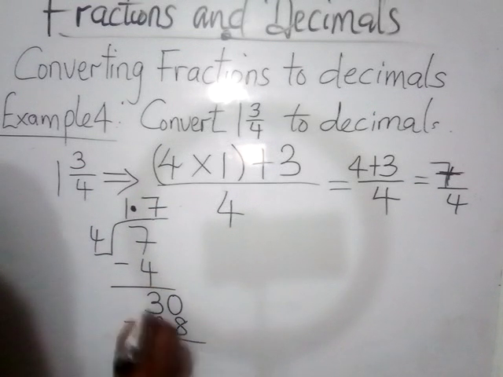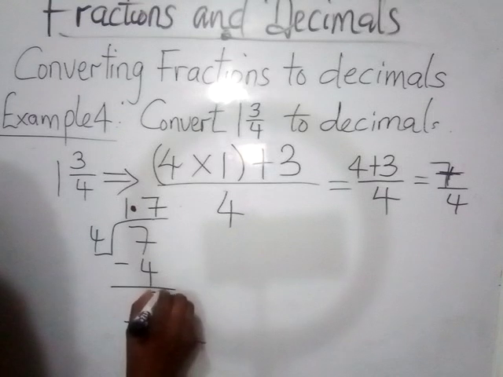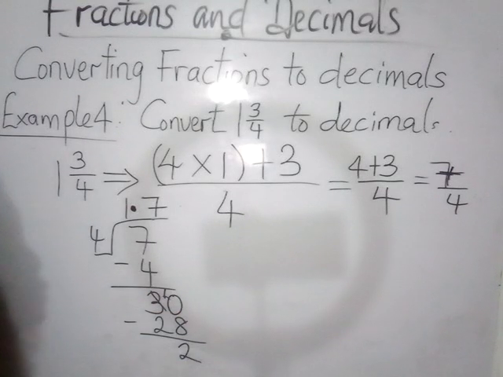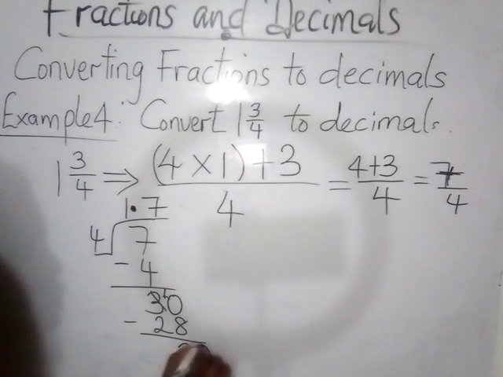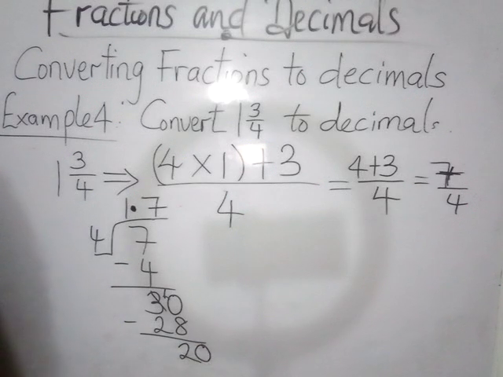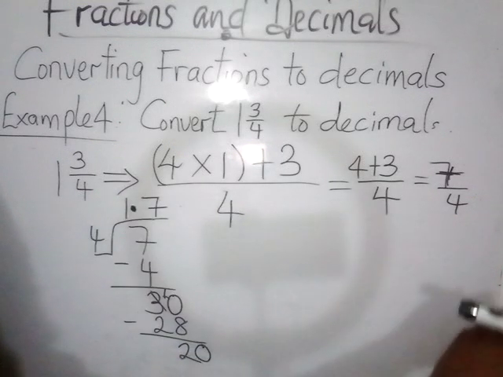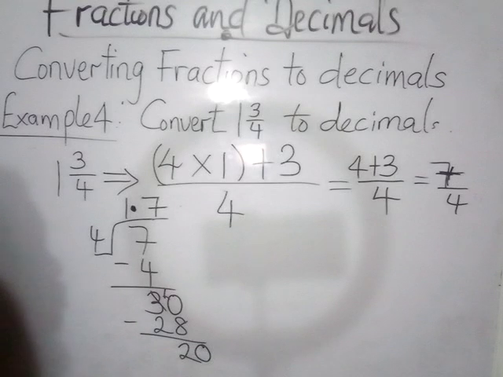So we take away 28 from 30. This is 10, no, 30 minus 28 is 2. We still have a number, so we can still continue our division. Add 0 to 2, making it 20. Okay, you have already put your point, so all the numbers coming after this point are fractions, so it doesn't really matter.